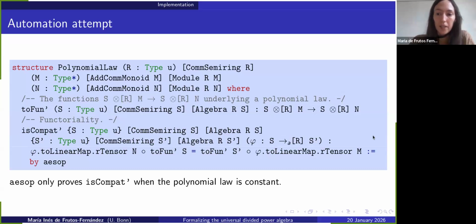And we were hoping that if we try to use by aesop here, this will take care of some of the easy cases. But what ended up happening is that this only worked in the trivial case. So this only worked for the constant polynomial laws. But even for the next easier case, which would be taking the polynomial law induced by a linear map, this was already not enough for Lean to get this. We actually had to provide the proof by hand.